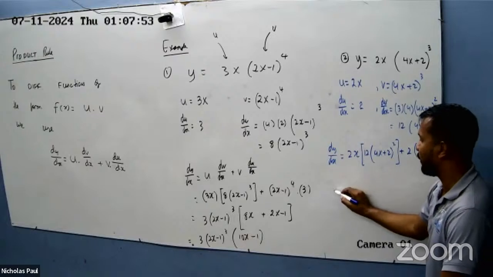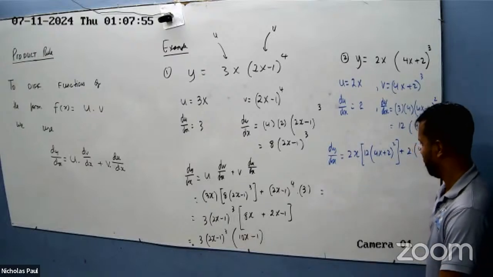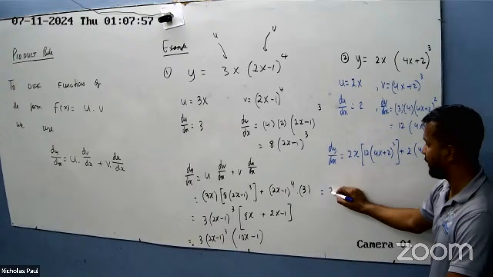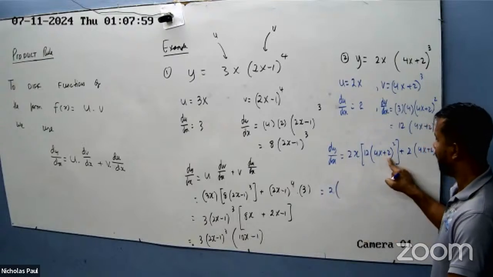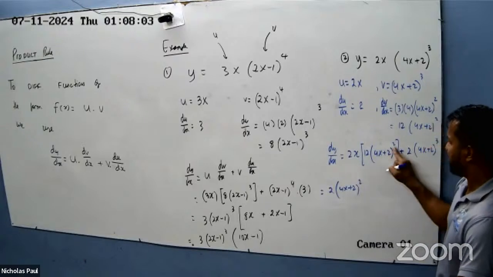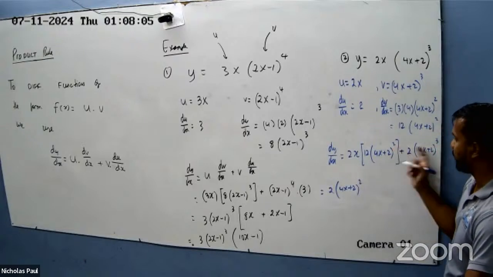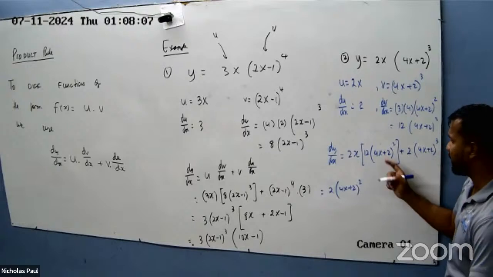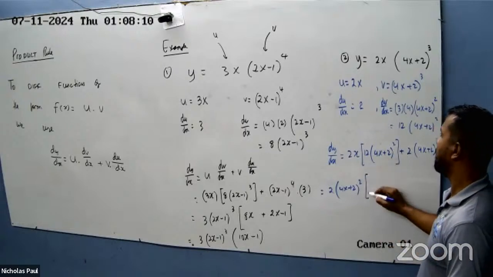Right, what are we going to factor out? 2 for sure, right? And what else? (4x plus 2) to what power? Right. Just take it out to the smallest power. If here is 2 and here is 3, factor out the smaller power. So you'll be left with what?